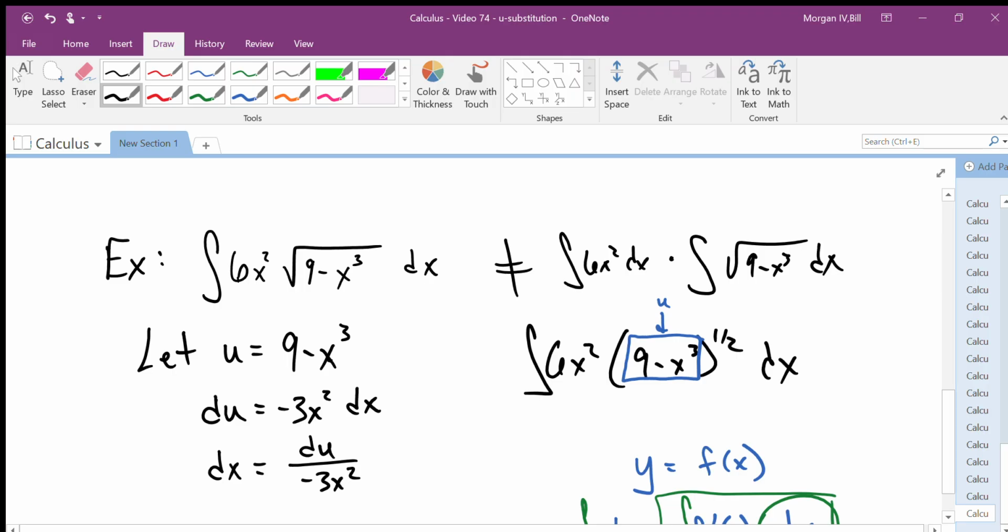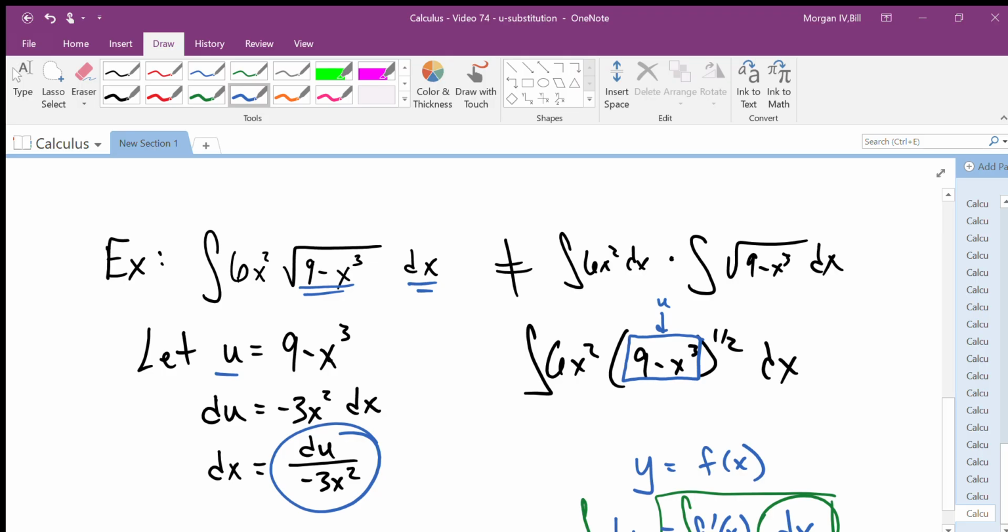So I'm going to replace this dx up here with whatever it's equal to, du divided by negative 3x squared. I'm going to replace the 9 minus x cubed here with just u. And I'm going to leave the 6x squared for now, with the hope that the x squared in the 6x squared cancels out with whatever I have when I'm replacing my dx here with du divided by negative 3x squared.